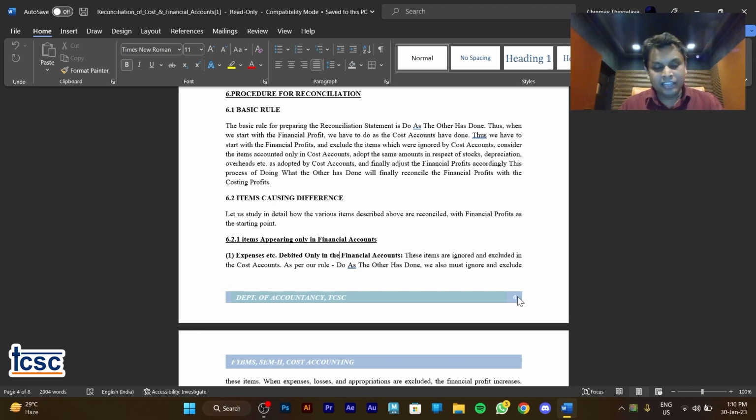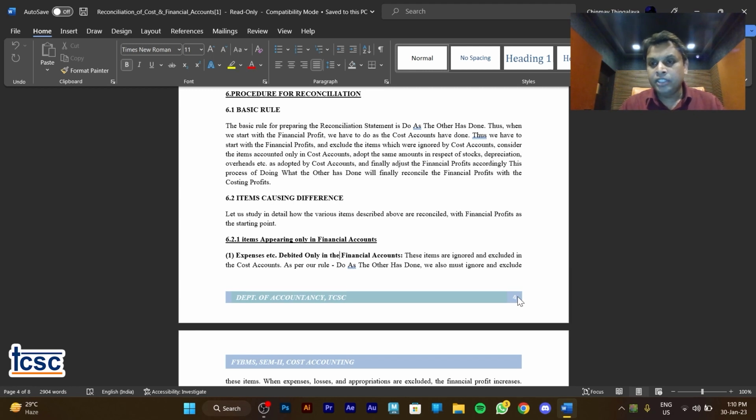Means if the cost accountant is writing the cost book, he's supposed to follow what the financial accountant has done in the finance book. At the same time, when the financial accountant is writing something, he's supposed to follow what cost accounting has done in the cost book. So what other has done is basically the theme of this chapter.